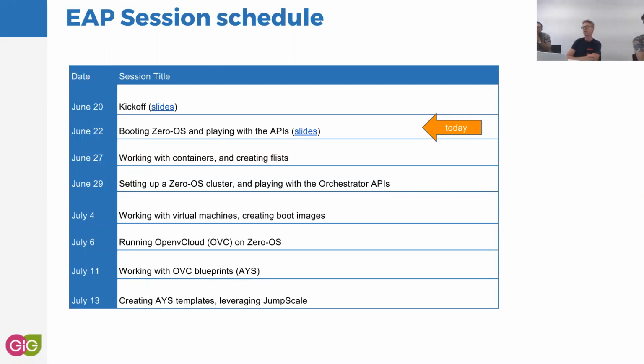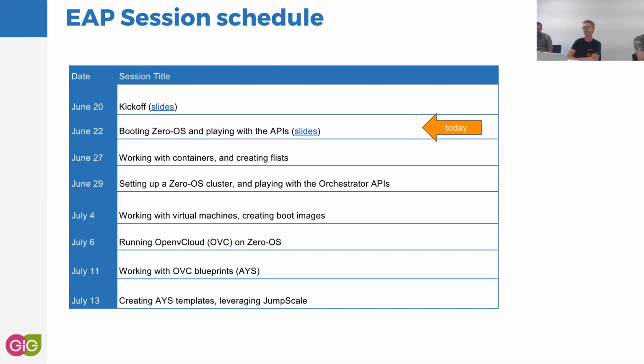Next week, I think for some of you, that's where it becomes more and more exciting, because there you really start to deploy actual workloads on a single ZeroOS node. We will then introduce what we call the FLISTs.